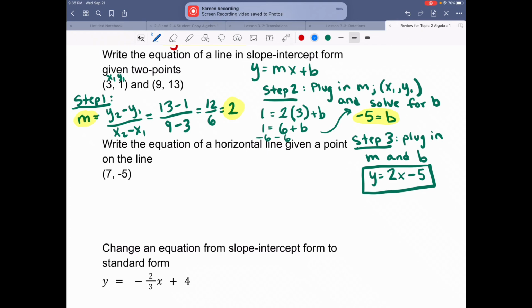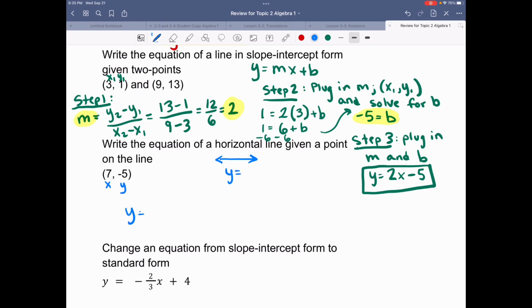Write the equation of a horizontal line given a point on the line. Okay, cool, we talked about this. So horizontal means like this, and that is always going to be a y equals equation. So if this is my x and this is my y, then y is going to equal -5. It's that simple.